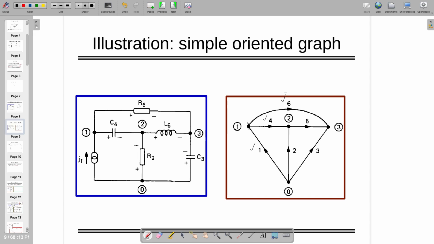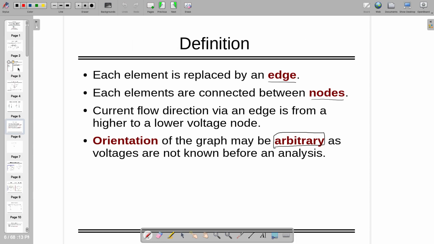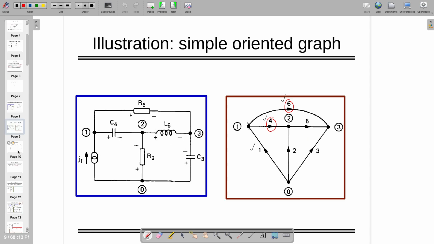Those which have the direction going away, we are going to take as positive, right? That is what we already agreed. So at this node you are going to have minus I1 plus I4 plus I6 is equal to 0.